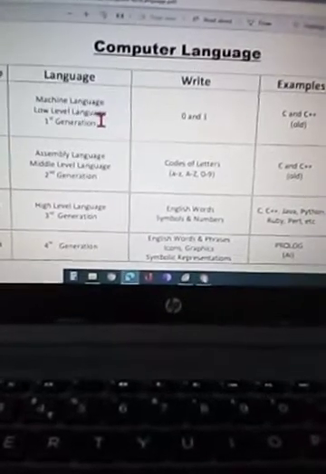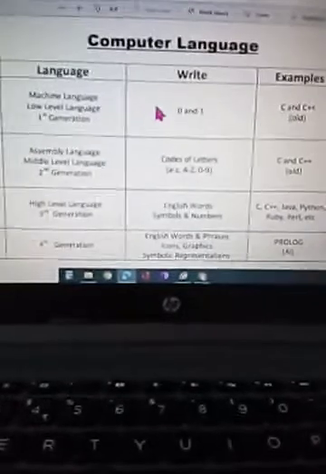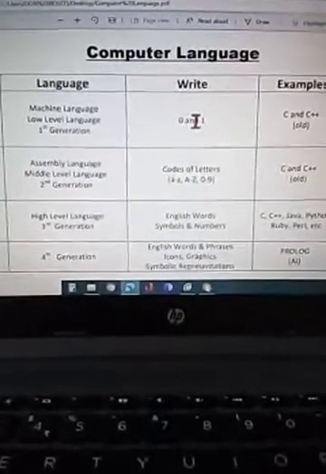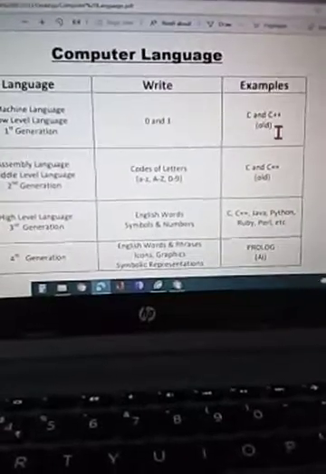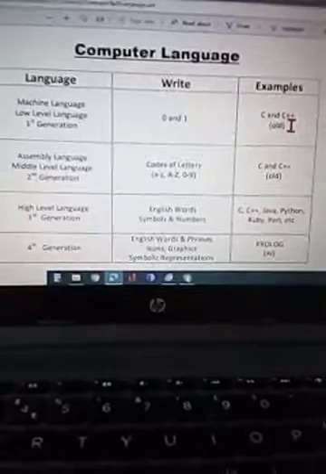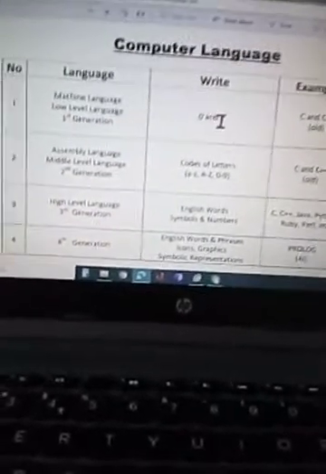It is also known as first generation of language. Then what do we use to write the program in machine language? Zeros and ones. Example, C and C++ old ones start with zeros and ones.